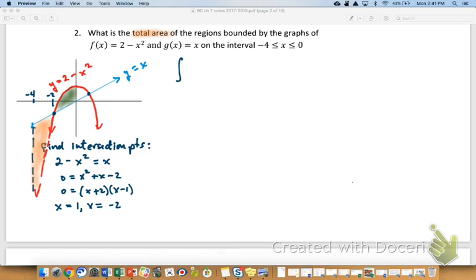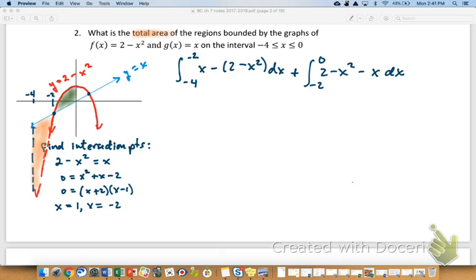The integral from -4 to -2 of g minus f dx, right? Line minus parabola, because the line's higher, plus the integral from -2 to 0 of f minus g.